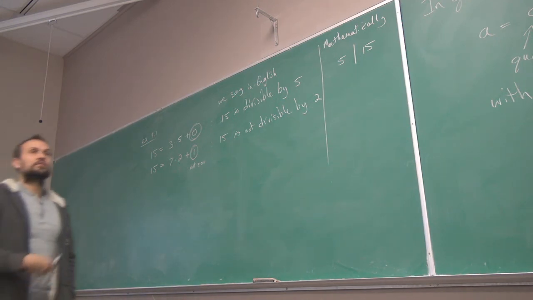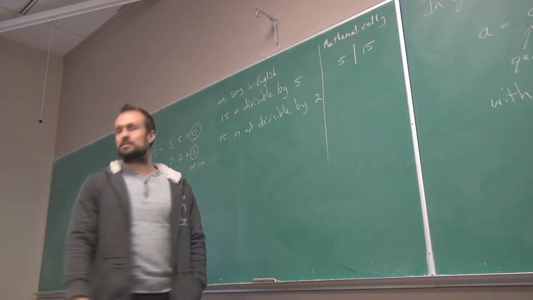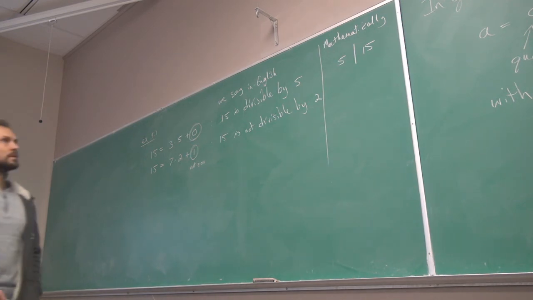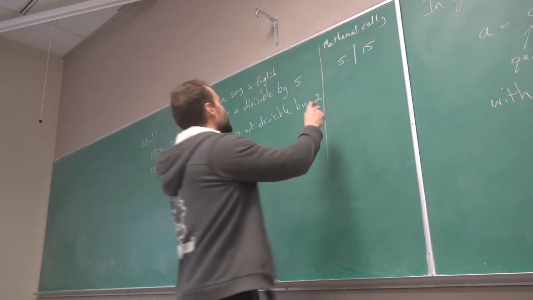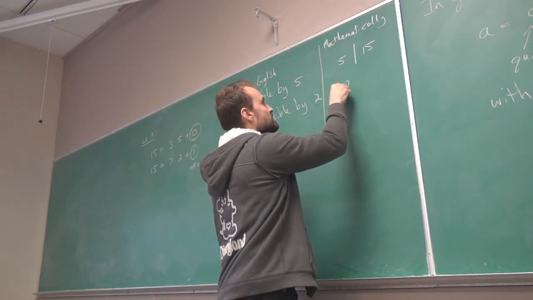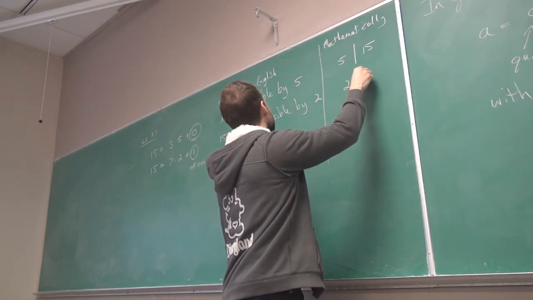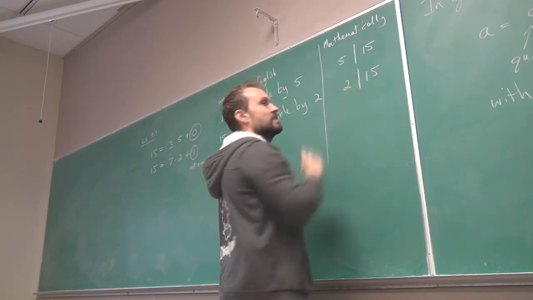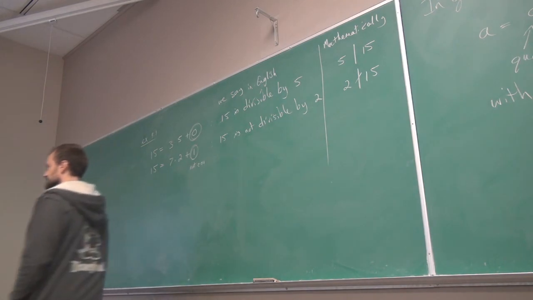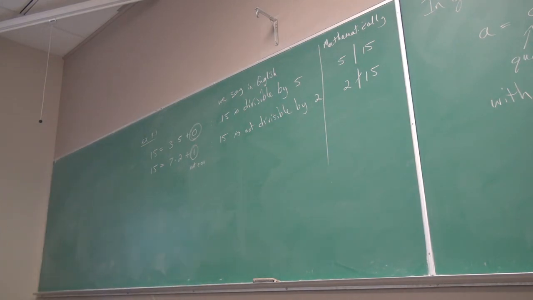And that's our divisibility symbol. Our divisibility symbol. And when it's a not, what is the most efficient way to say it's the opposite of this? By putting a little line through it. A diagonal line. And that would mean it's not divisible.